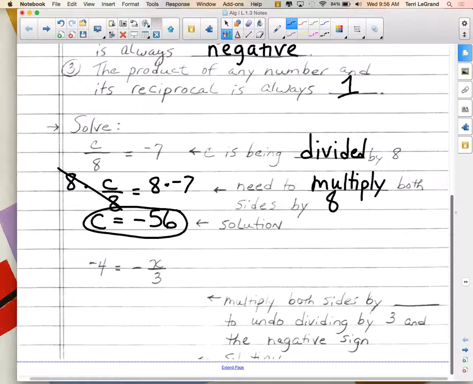So when we put negative 56 back into the original equation for c, we have negative 56 divided by 8. What's a negative divided by a positive, first of all? Negative. And 56 divided by 8 is 7. So we end up with negative 7 on the left side. We have a negative 7 on the right side. It checks out, doesn't it? Anybody have any questions about that one?